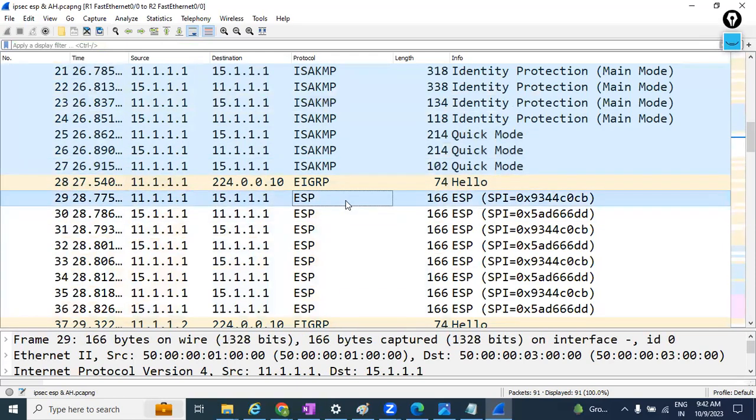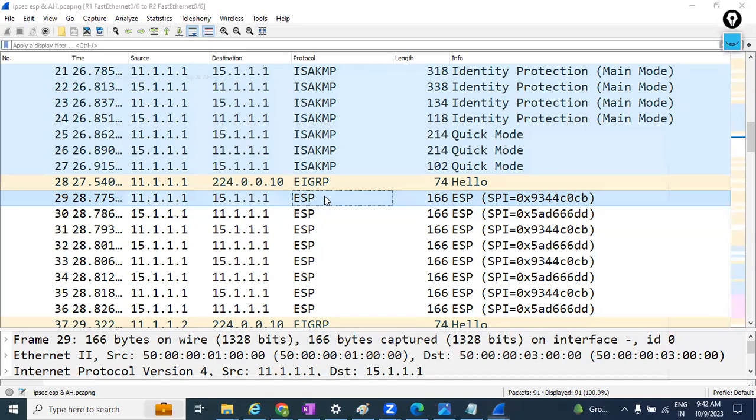Which packet? The data. Let's consider I'm doing ping, telnet, HTTP, whatever. So it would be encrypted. Which protocol am I using? ESP. Now it's not ISAKMP. ISAKMP is limited just to the handshake. After that, in phase 2, we have decided which protocol, ESP or AH. So I have decided ESP, which would provide encryption plus hashing.